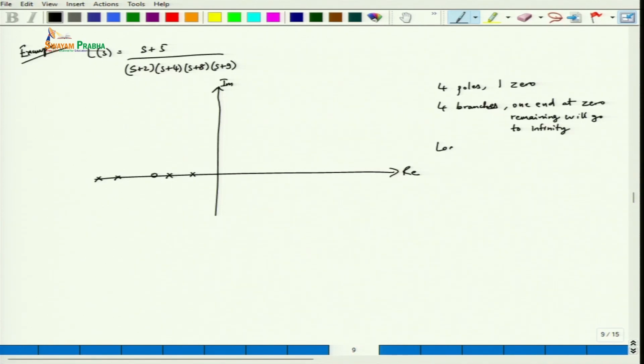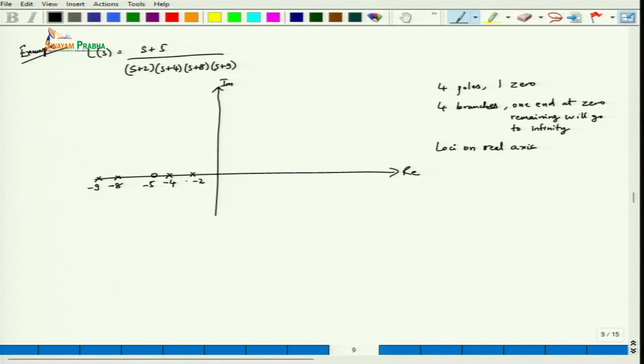Now consider what happens on the loci on the real axis. If we see this real axis, the positive part is out of question since there are no poles or zeros. Again the same applies between s equal to 0 and -2. Now between -2, say this is -2, this is -4, -5, -8 and -9.